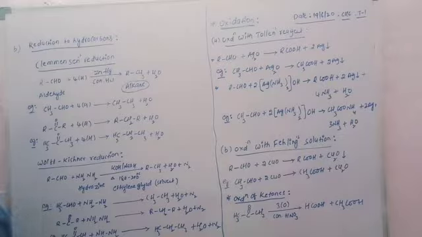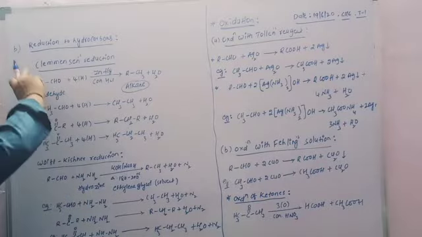Yesterday we discussed the chemical properties of aldehydes and ketones. Reduction generally means removal of oxygen and addition of hydrogen. The first reduction process is the reduction of aldehydes and ketones to alcohols.